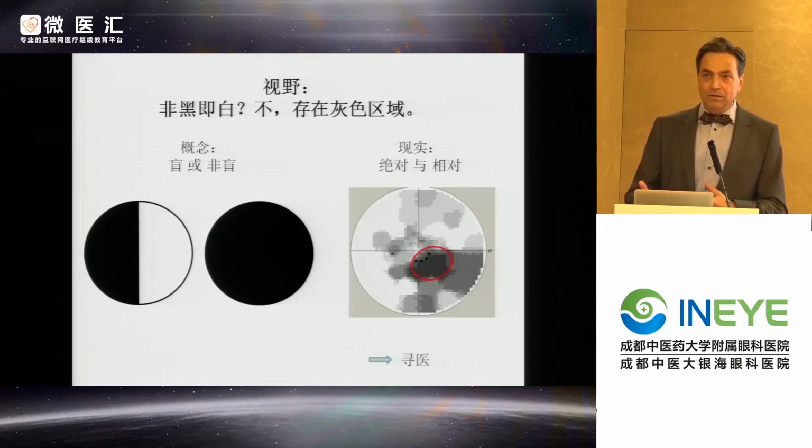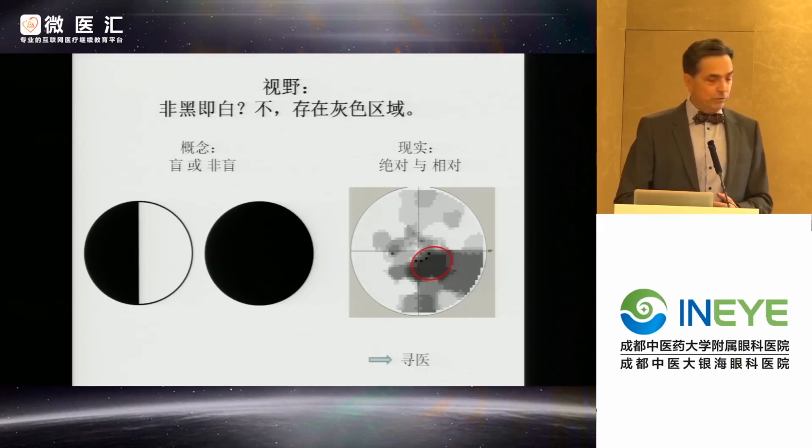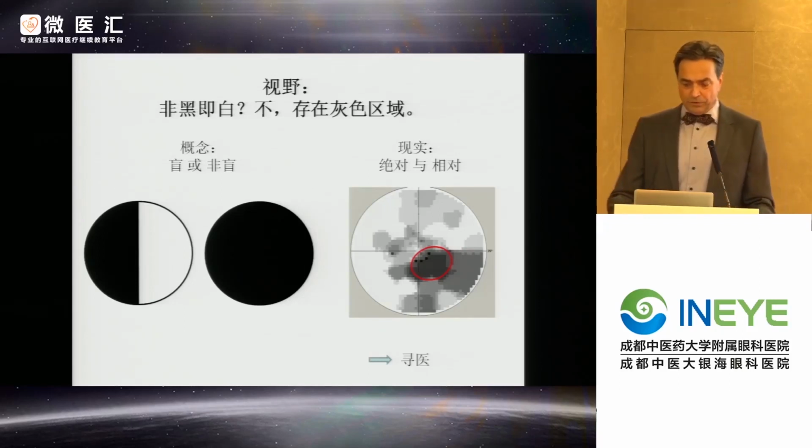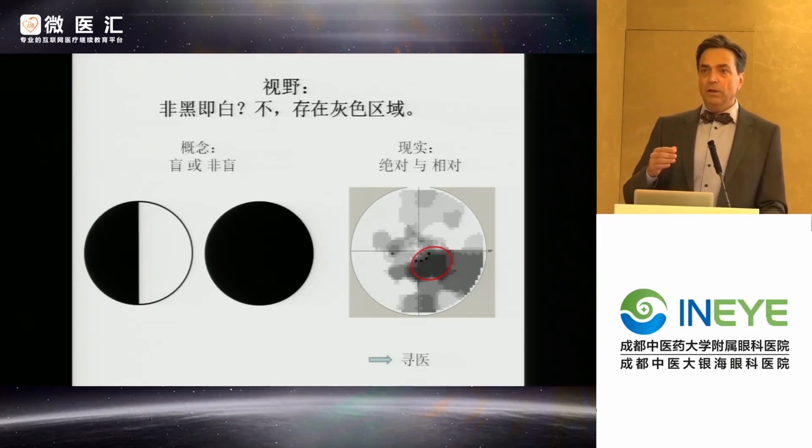They are neither blind nor are they normal. And we call these areas of residual vision or of relative vision. And this is the target of the research we do, trying to improve vision by targeting these partially damaged gray areas and help them to improve.